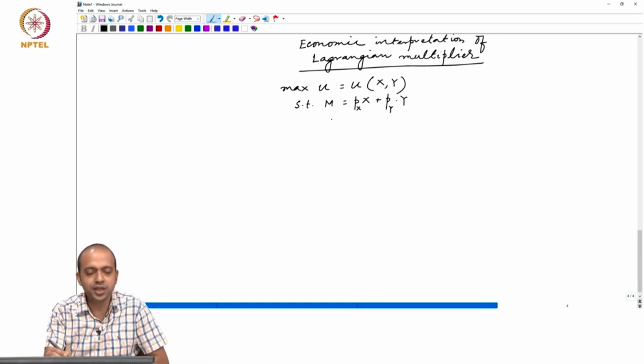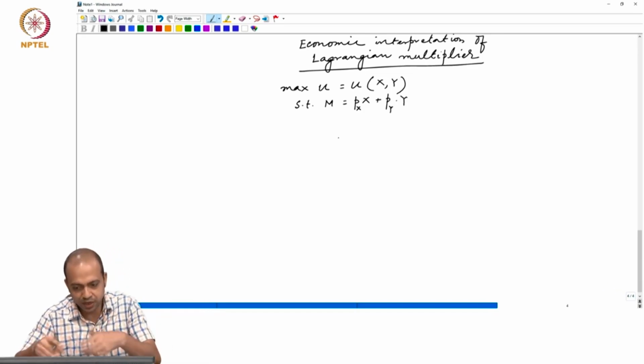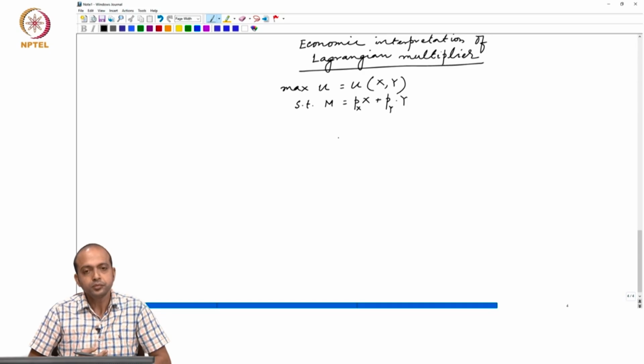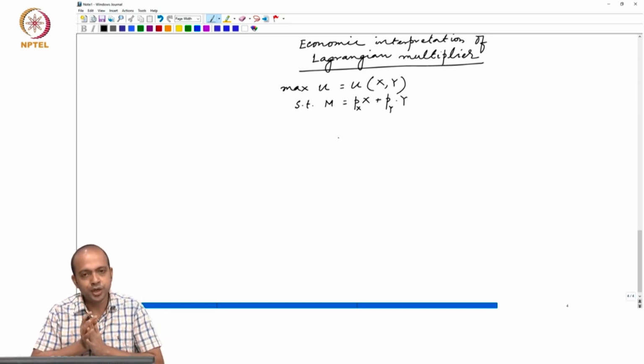So, total money or income is m, that is spent on two commodities x and y, and px is the price per unit of x, py is the price per unit of y. This is basically the utility maximization problem that a consumer is facing.